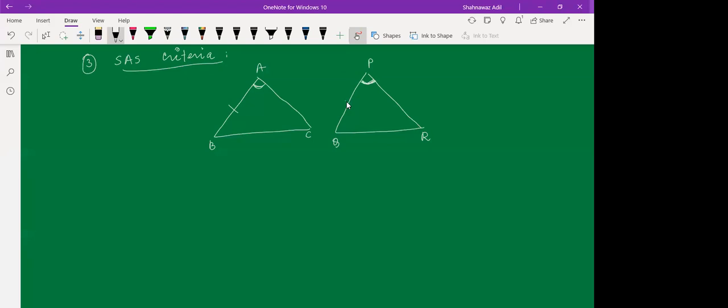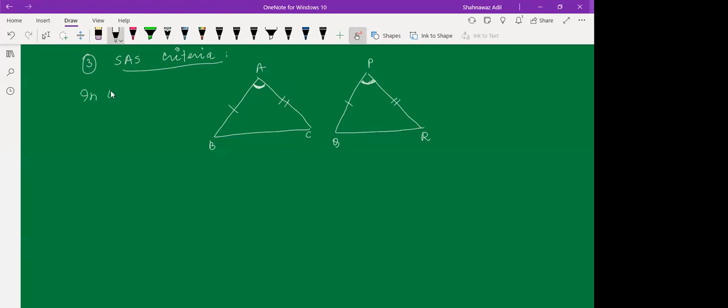The two sides and the angle should be between those sides, not this angle. This angle should not be there. Only the sides and the angle between those sides.